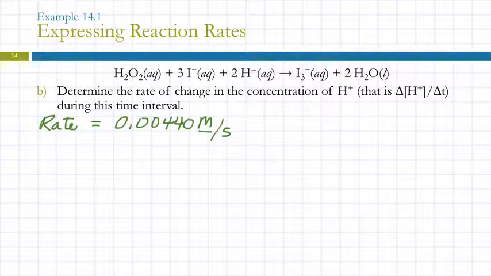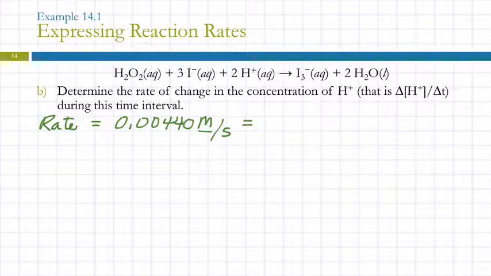Well, does this rate only apply to the iodide? No, it applies to the entire reaction. That's the rate of the reaction as a whole. Could we express that rate in terms of hydrogen ion concentration? Yeah. So that would be what?